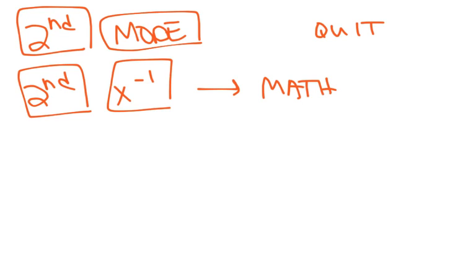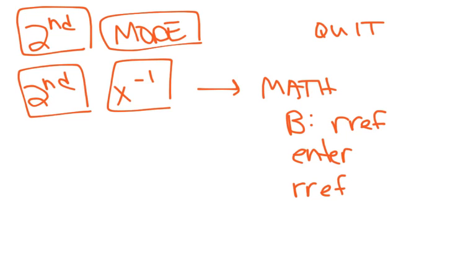And you're going to look for an option that says RREF. It's probably B. And then you're going to hit enter so that RREF and open parentheses opens on your home screen.